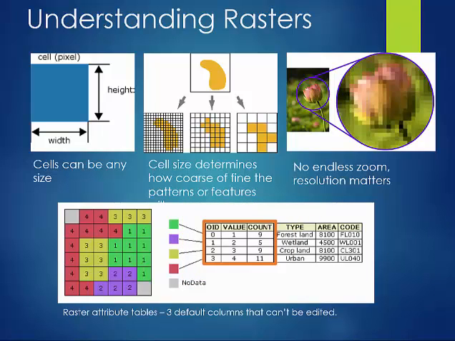The object ID, or OID, is a unique system-defined object identifier number for each row in the table. Value is a list of each unique cell value in the raster dataset, and count represents the number of cells in the raster dataset with the cell value in the value column. Cell values represented by no data are not calculated in the raster attribute table.